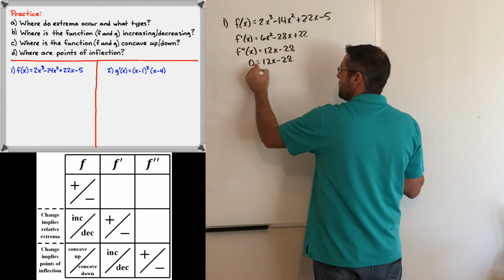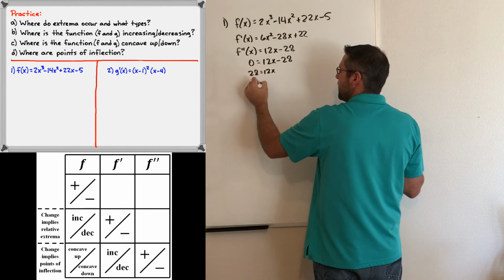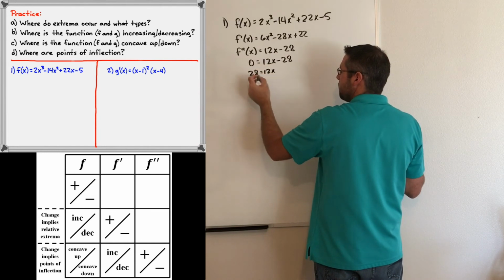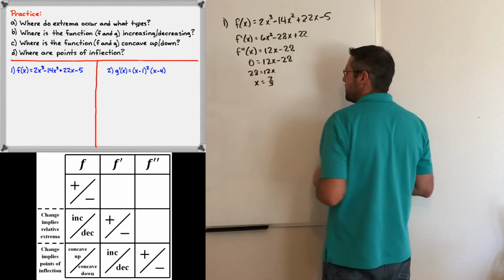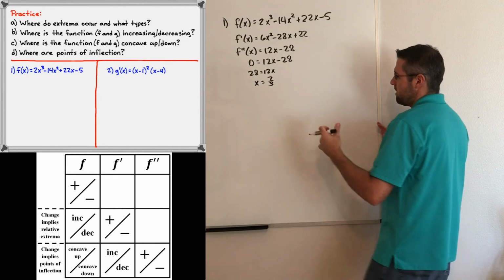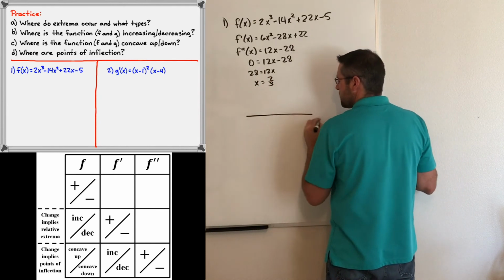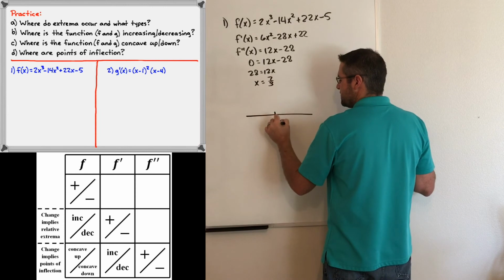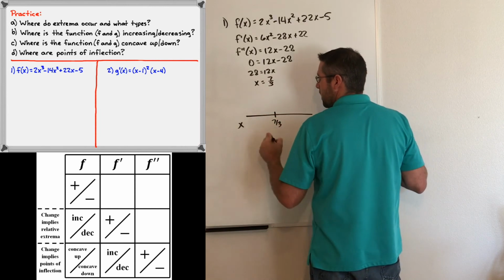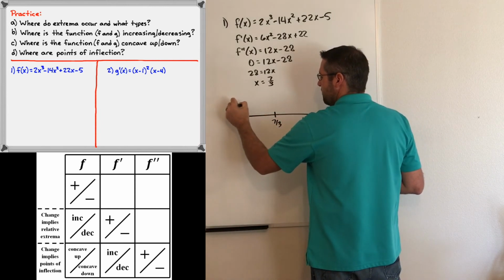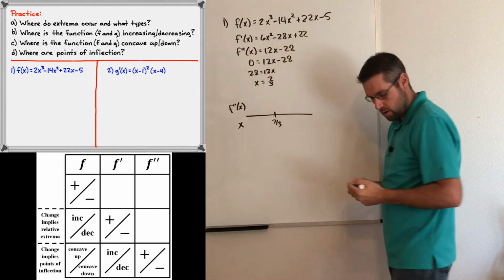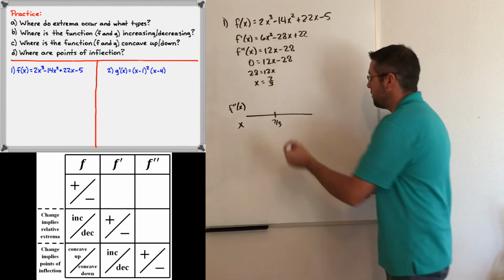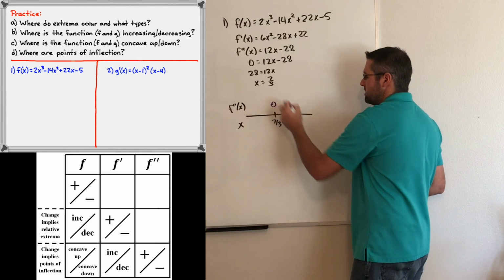So we got 28 equals 12x. So x equals, what is that, 7/3. Okay, so we can set up another number line here, and we can see at 7/3 for f double prime of x that there is a 0. So f double prime is 0 at 7/3.